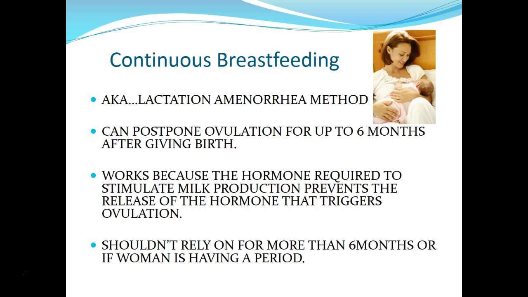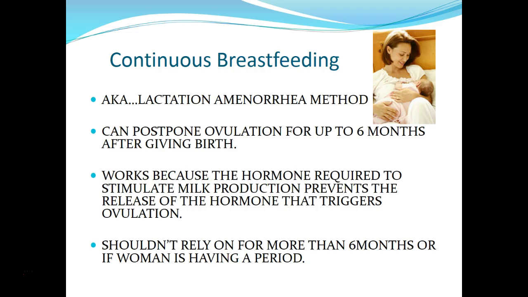And it works well because the hormone required to stimulate milk production actually prevents the release of the hormone that triggers ovulation. So moms can use this method to prevent getting pregnant directly after giving birth.